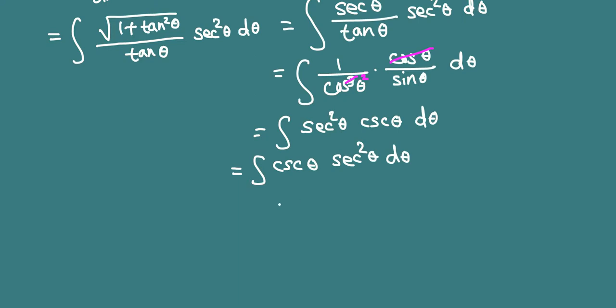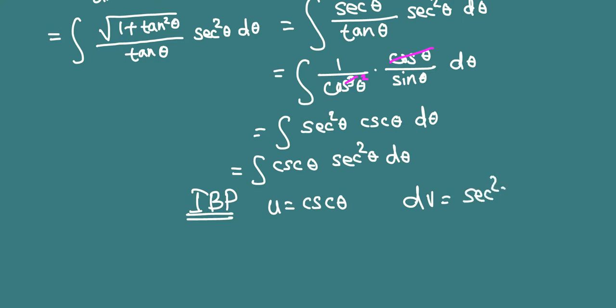So with integration by parts, IBP, u is cosecant theta and dv is secant squared theta d theta. I chose secant squared to be dv, so v equals tangent. The derivative of cosecant is negative cosecant cotangent.